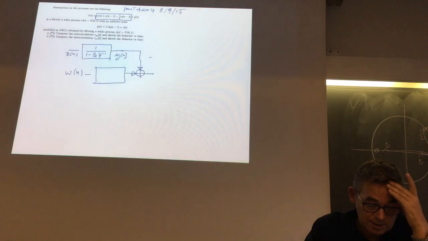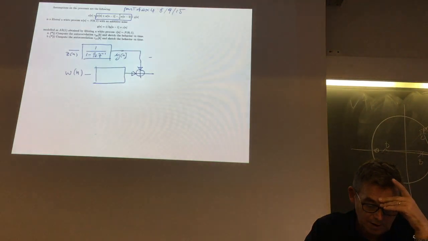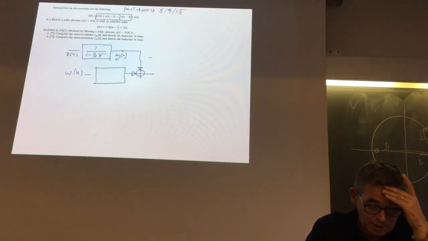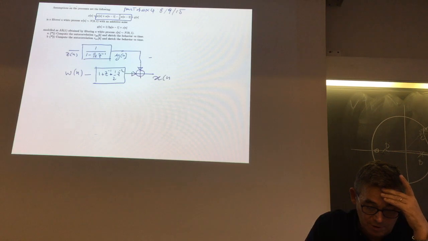This is not the exercise that I was looking for. Okay, let's start with this. And then I have another, here is 1 plus z to the minus 1 minus 1 half z to the minus 2. It's not what I wanted.